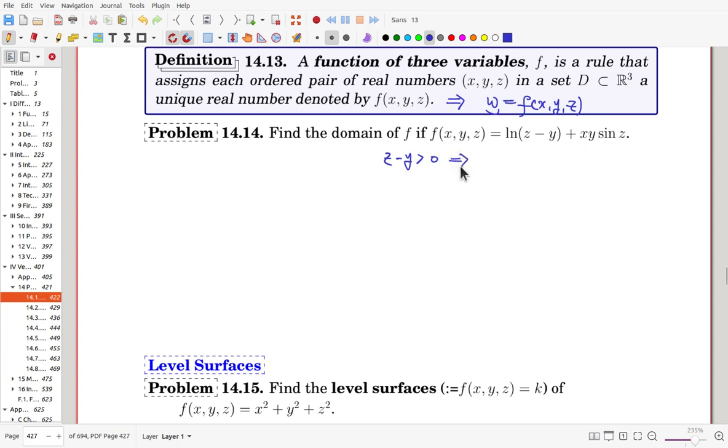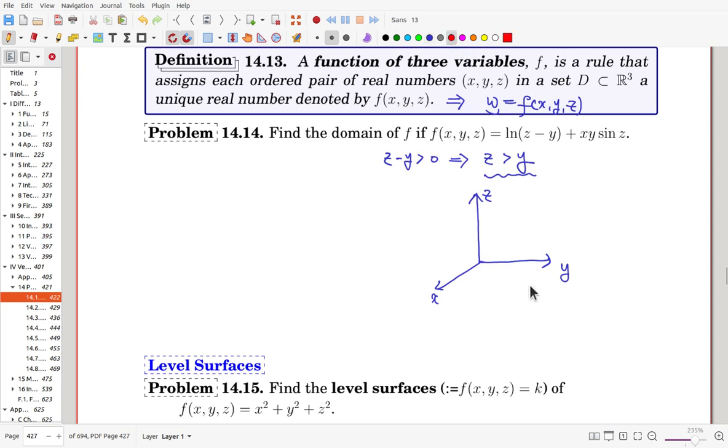So the domain should satisfy this one. So z is larger than y. That determines the domain in x, y, z coordinates.